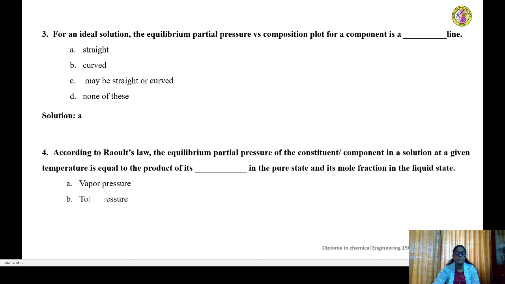Is it the vapor pressure, the total pressure, or the temperature that has to be multiplied with the mole fraction to calculate the equilibrium partial pressure? You all know this statement, Pa star equals X into capital Pa. Capital Pa is the vapor pressure. So as per our understanding, the vapor pressure is the right answer for this question.